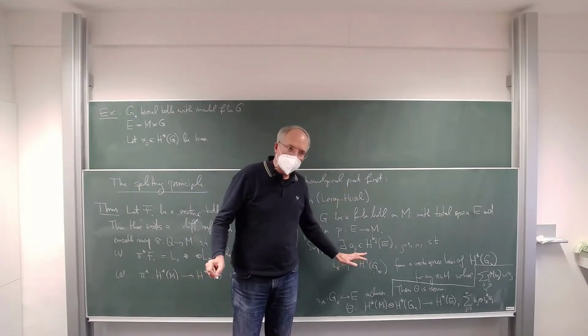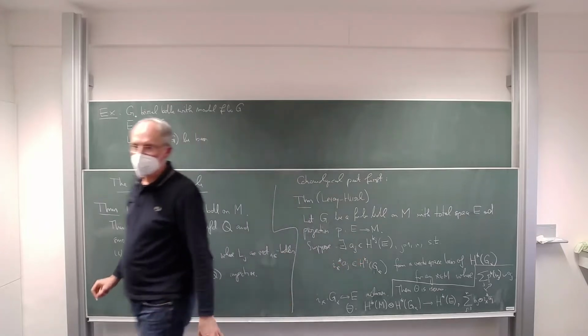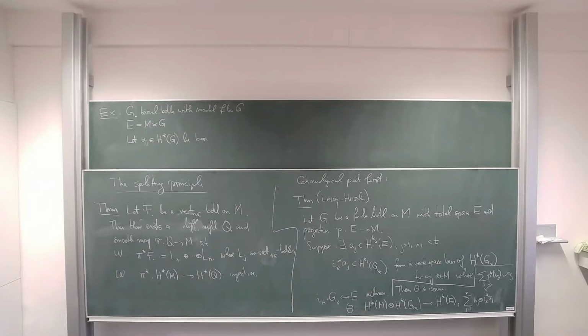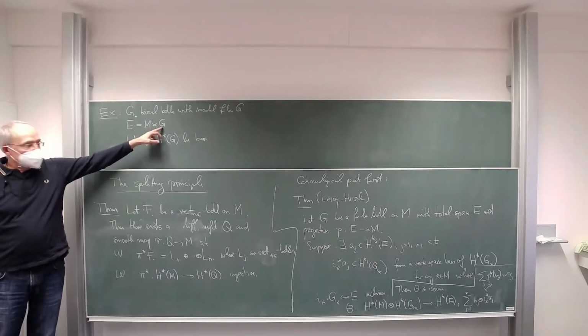This is automatic if the manifold is compact, for instance. But you can have manifolds with infinite dimensional homology. If you have something like a surface, which is an infinite ladder going to the left and to the right, this has infinite dimensional homology. This is something I want to exclude here. I look only at the case when G has finite dimensional homology.